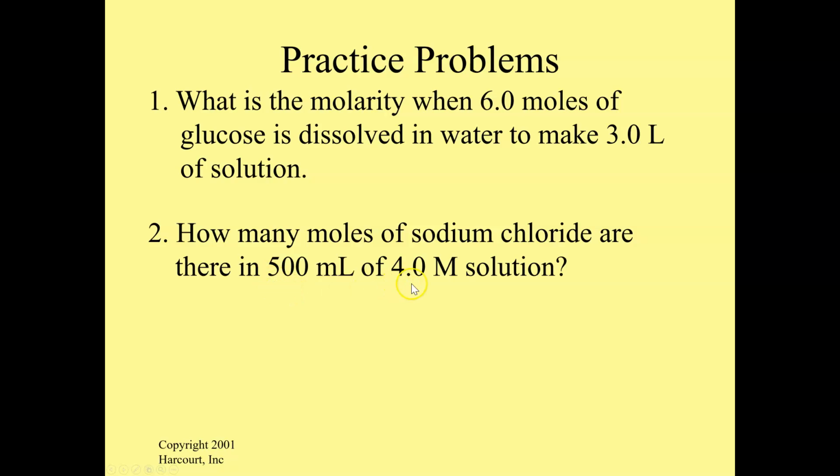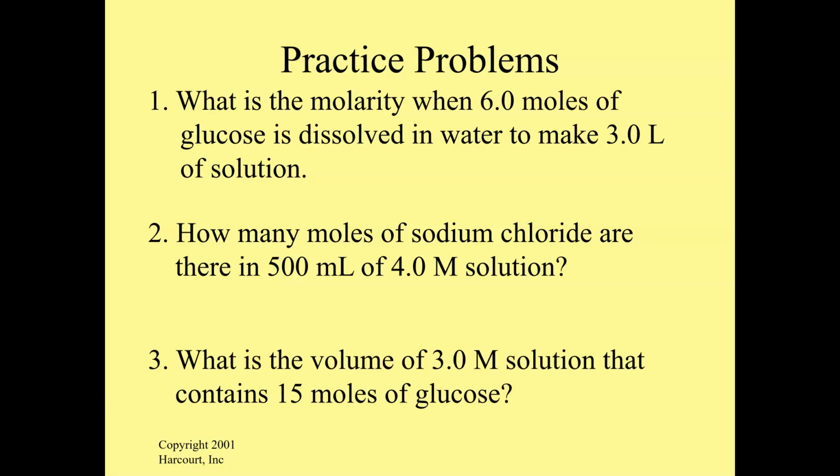And you're given 4 molar, so 4 equals X over 0.5 liters, and then you'd have to solve for X. And then this one is 3 molar equals 15 divided by X, because we don't know the liters. So that's how you'd set those problems up.